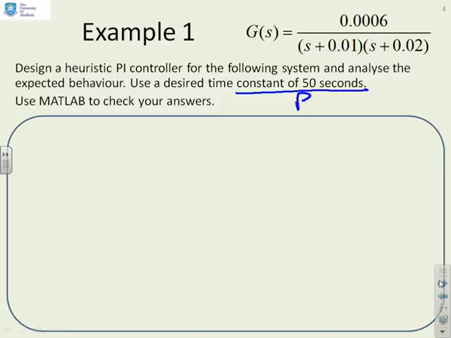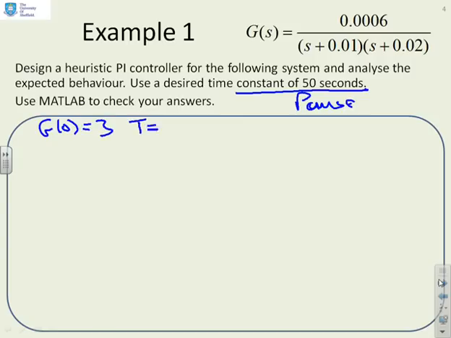Now, you should pause at this point because I'm going to go on with the solution. So first of all, let's put in some of the data we need to get the heuristic design. We can see here that G(0) is going to be essentially 6 over 2, which is 3.